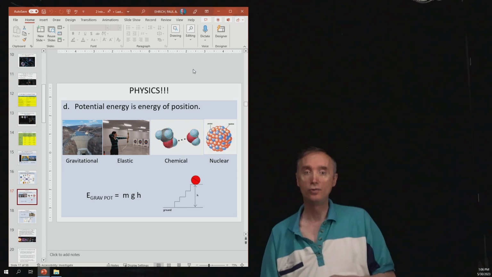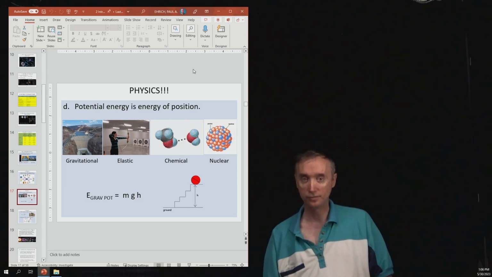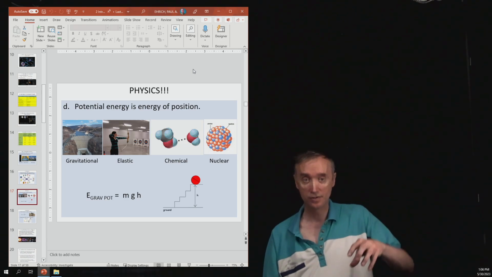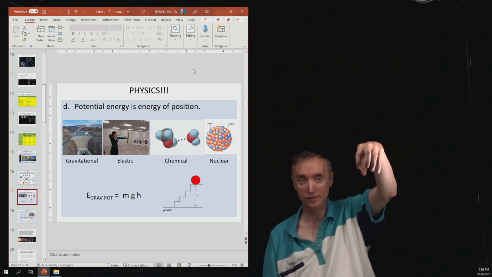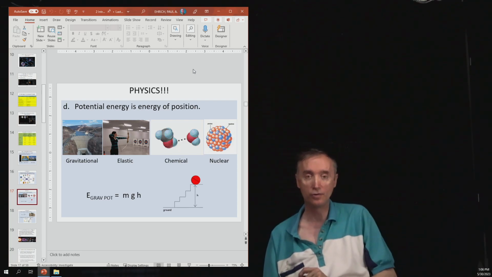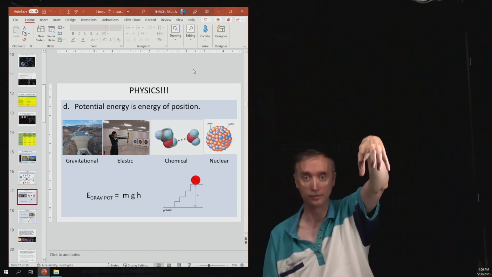Okay, you should know about gravitational potential energy, the energy that is caused by gravity, and it depends on distance. The higher you raise something, the more potential energy you give it. You're not going to need to know the formula for the exam, but you should know that gravitational potential energy depends on the mass of the object and how high you lift it.